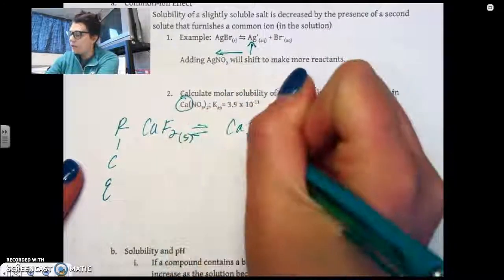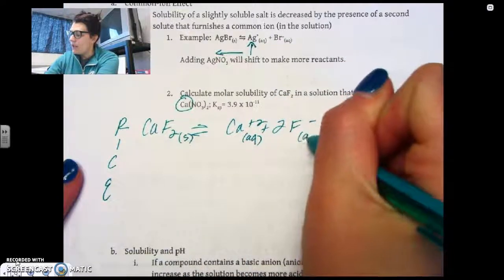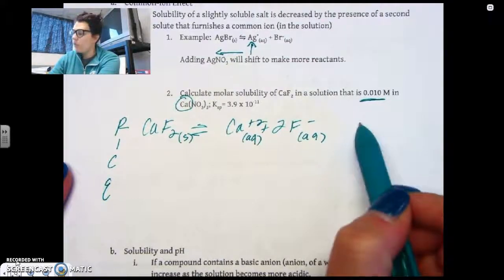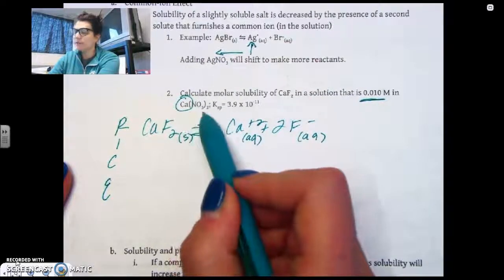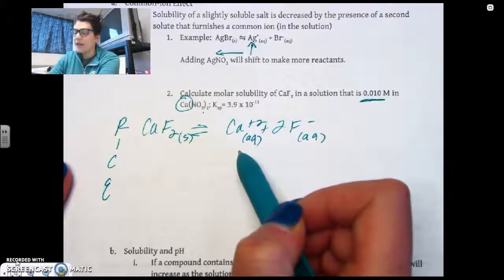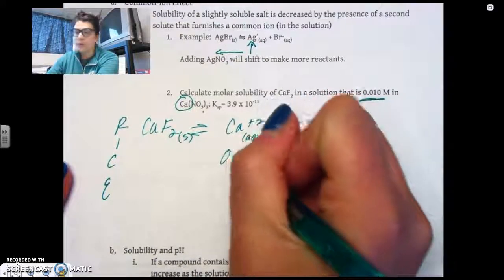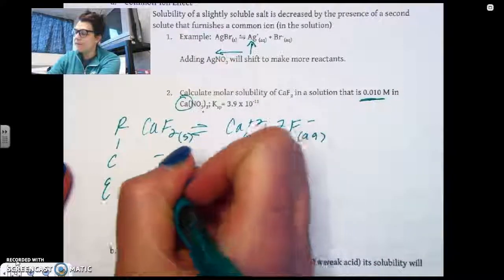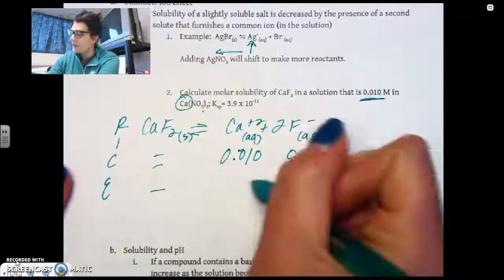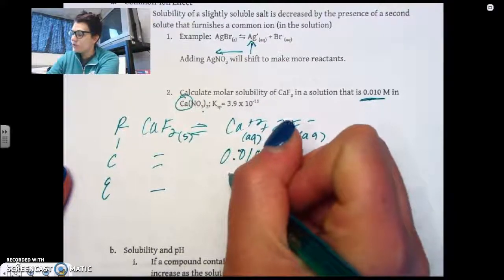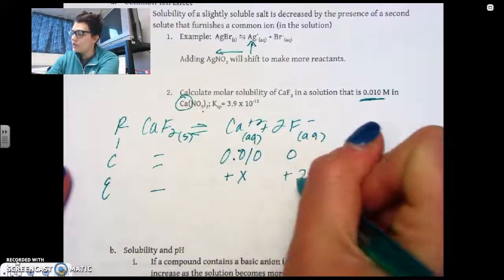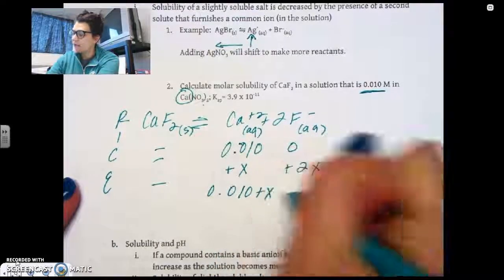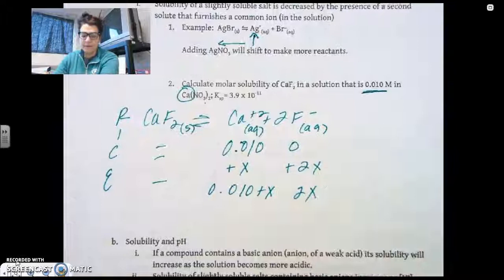It's solid, aqueous, aqueous. If I have 0.010 molar of calcium nitrate starting, instead of the calcium being 0, it's going to be 0.010, and this will be 0, and then this has nothing to do. And then you just set it up the same way. So it's going to be plus x, plus 2x, so then we have 0.010 plus x, and then 2x here.